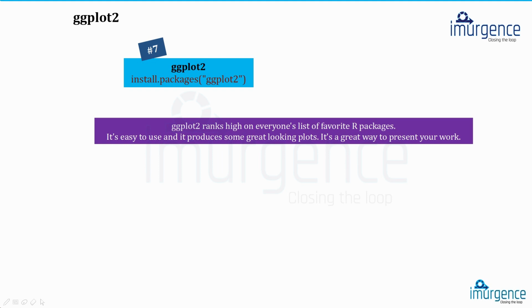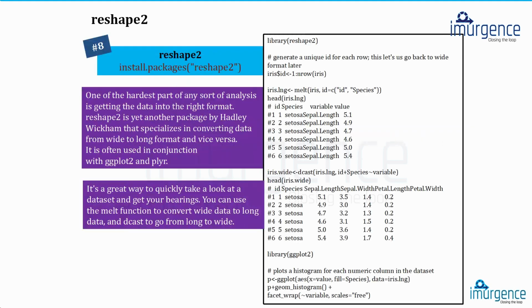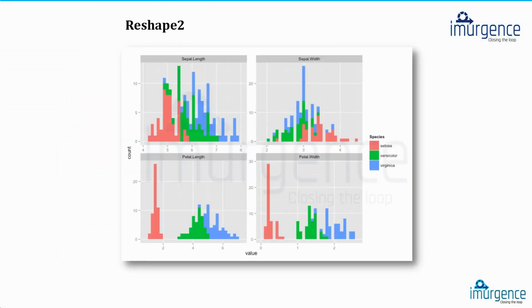So it combines both the lattice and the base, and that is what ggplot2 is. So we'll be installing that also. And then there is reshape2, which gives you access to manipulation of tables, data frames, matrices in R. And all of these packages are used together somewhere. The functionalities of one would be used in conjunction with some other package. And this is one adaptation of the reshape package.